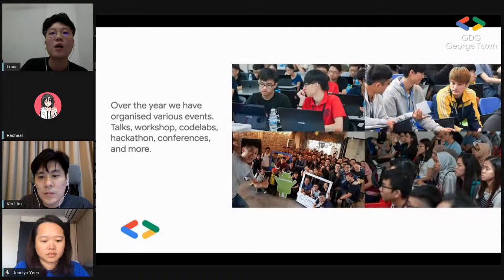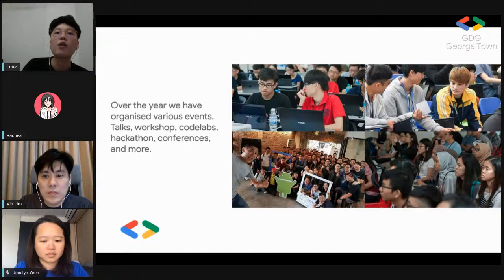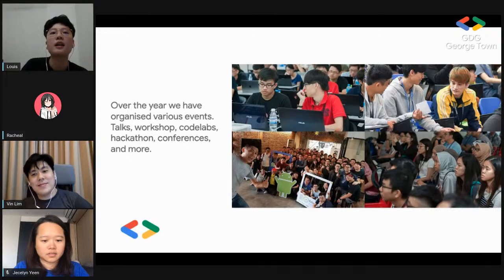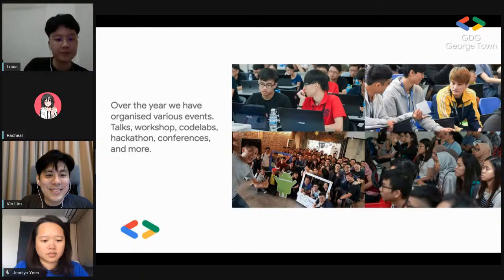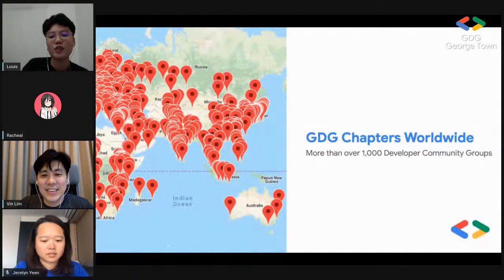Over the year we organize events like I/O Extended, DevFest, Study Jam, Workshops, and Collabs. GDG chapters worldwide now number more than 1,000 community groups, and we are so happy to be a part of it.